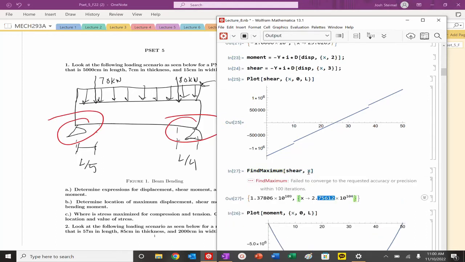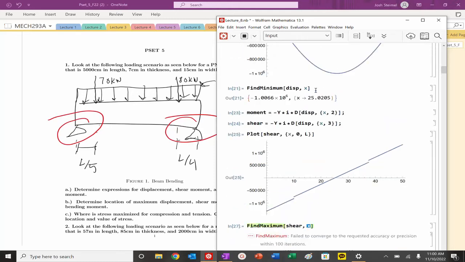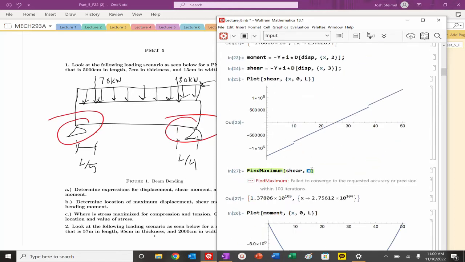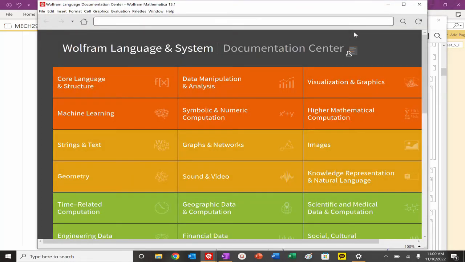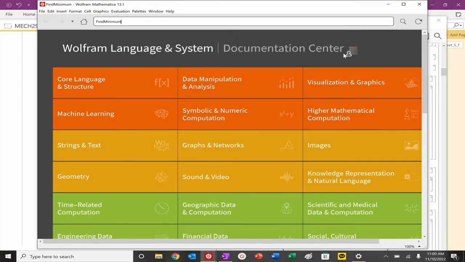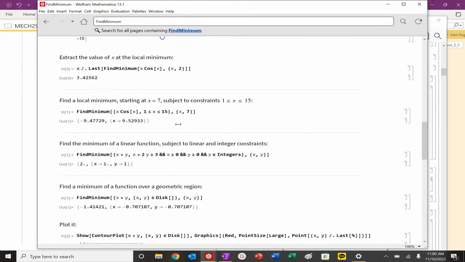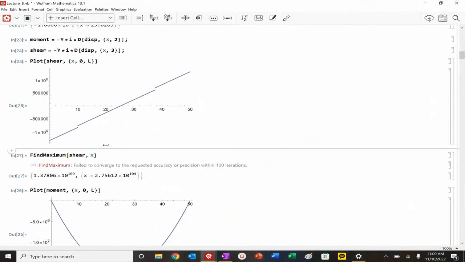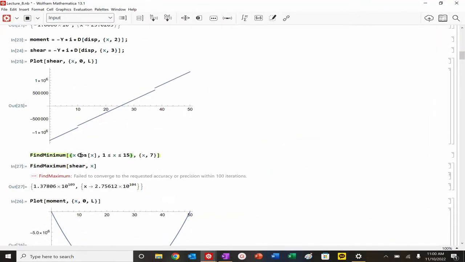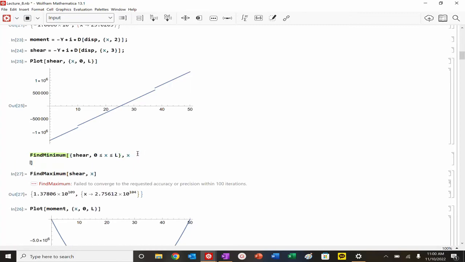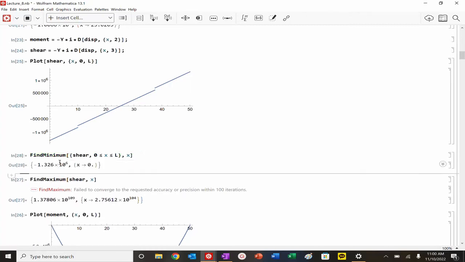Let's give it some bounds. Sometimes you need to give these expressions some bounds. So find minimum, and let's contain this effectively. I want my function, which here is going to be shear, from greater than or equal to 0, up to L. That would be my minimum.